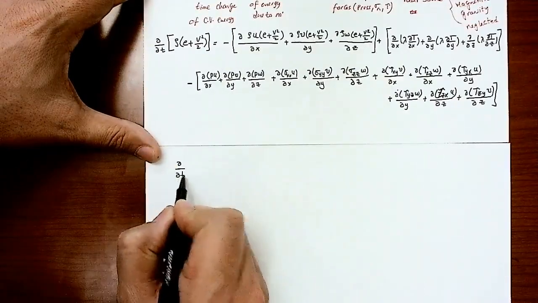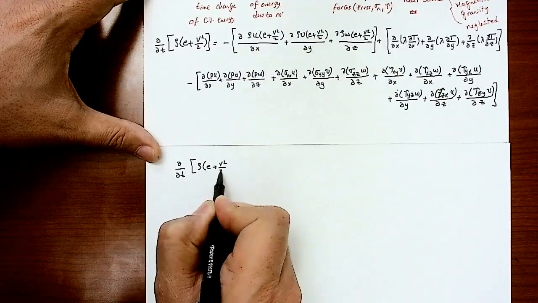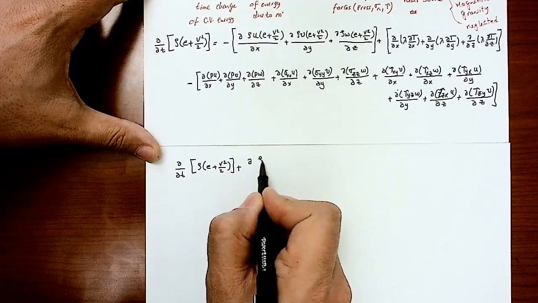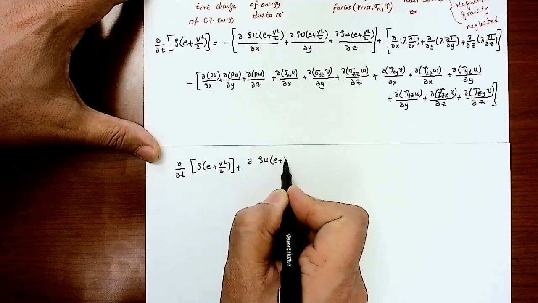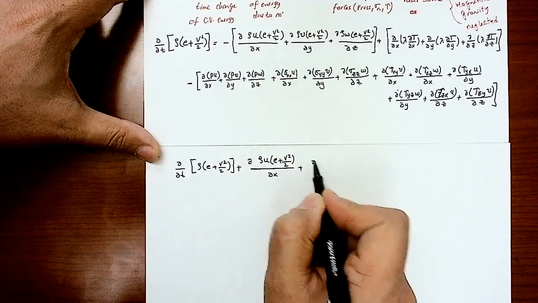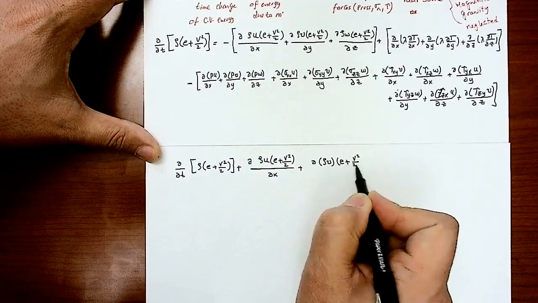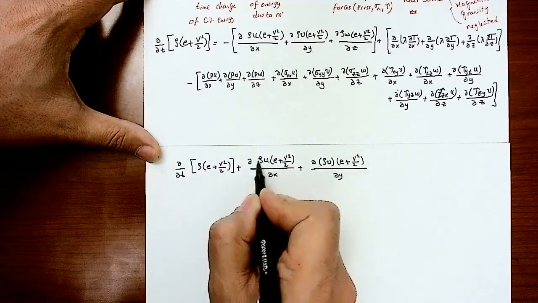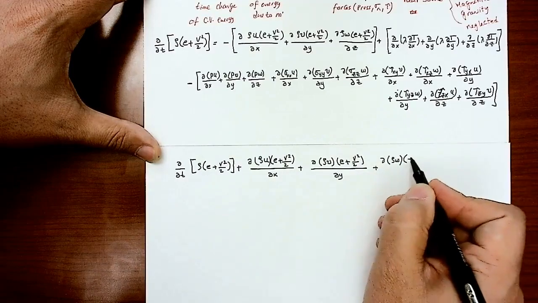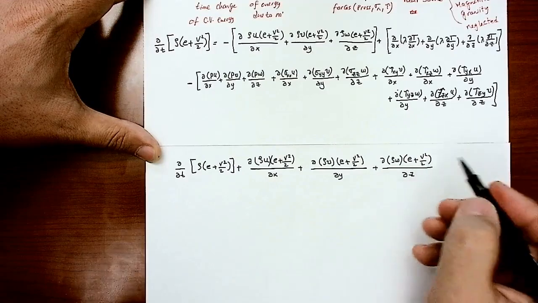∂/∂t of ρ(e + V²/2) plus ∂/∂x of ρu(e + V²/2), plus ∂/∂y of ρv(e + V²/2) plus ∂/∂z of ρw(e + V²/2).